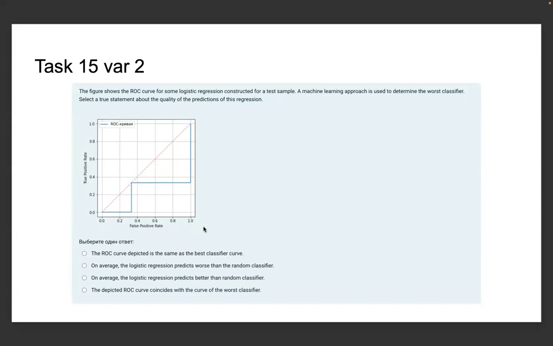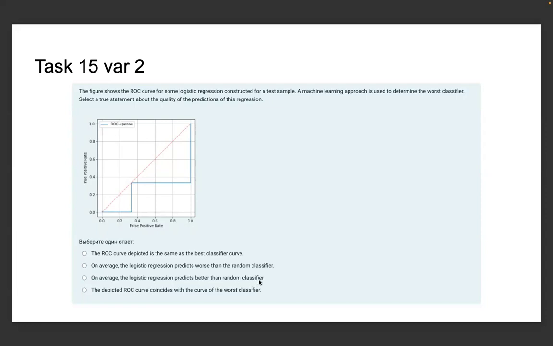So your answer is wrong. And according to this, the right answer is the third, that this regression is better than the random classifier.